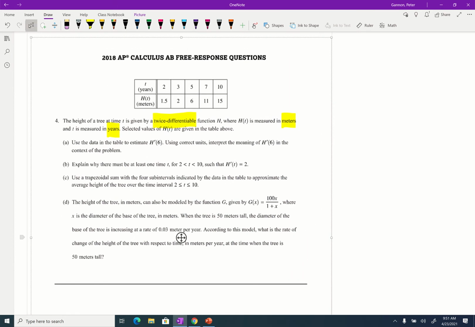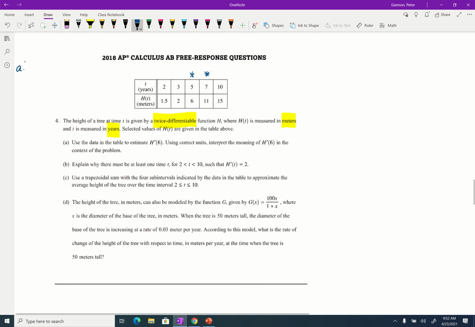Now for part A, it says use the data in the table to estimate h prime of 6. Using correct units, interpret the meaning of h prime of 6 in the context of the problem. So if we want to approximate a derivative from a function using a table, then what we're going to do is use the slope of the secant line, using points closest to 6. So we're going to need to use the value at h of 7 and h of 5.